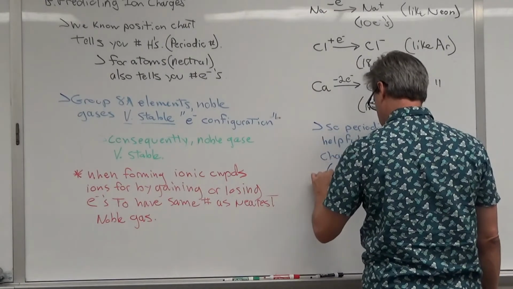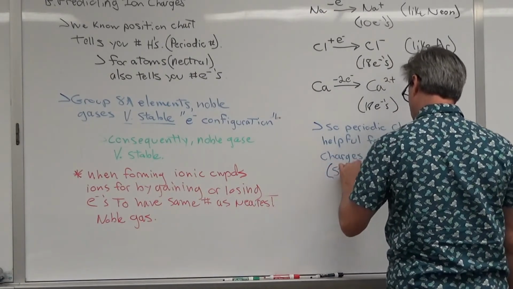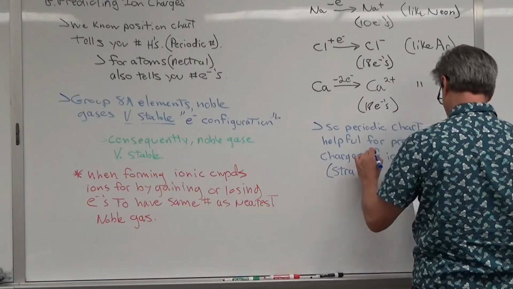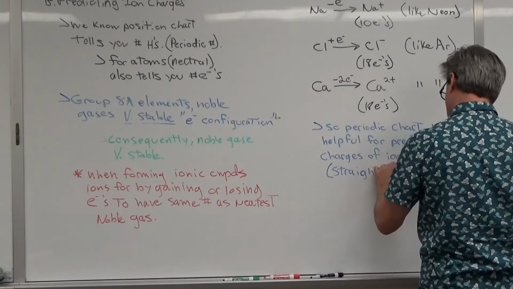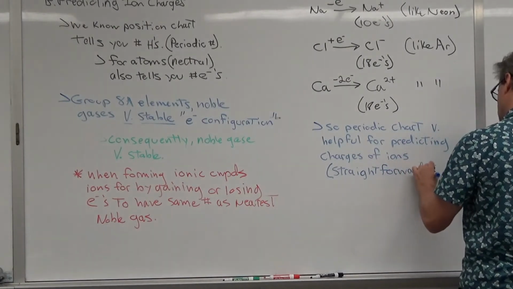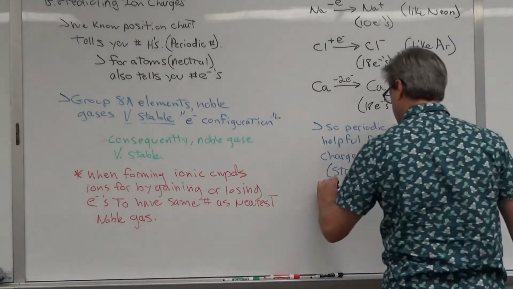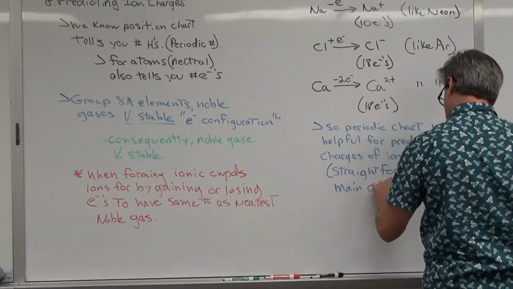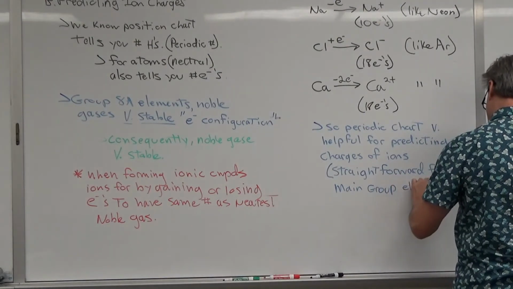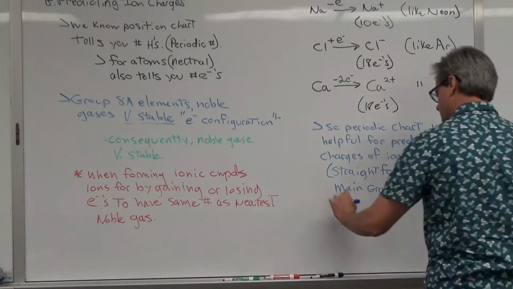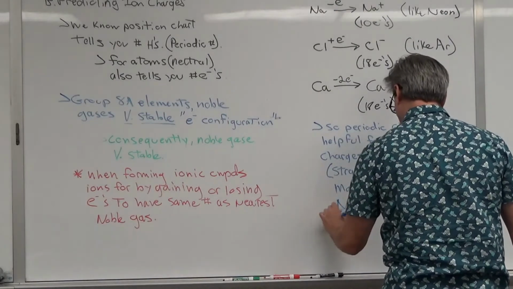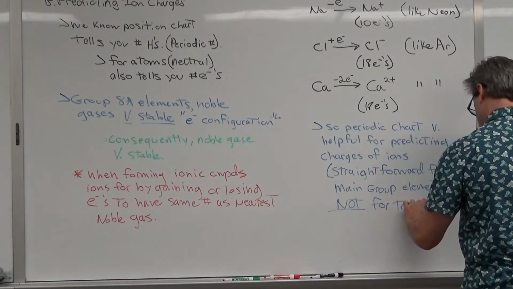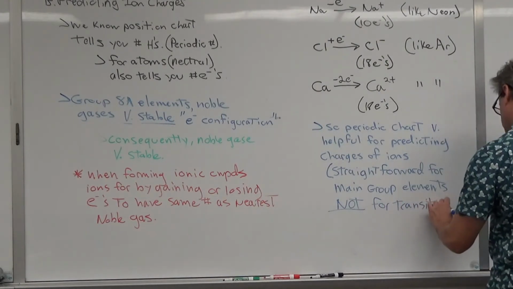This, by the way, is straightforward, or fairly straightforward, when you're talking about the main group elements, not so straightforward for transition metals. Remember those ones in the middle of the periodic chart.